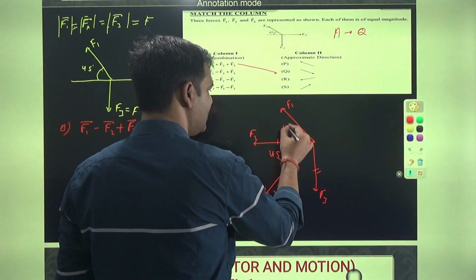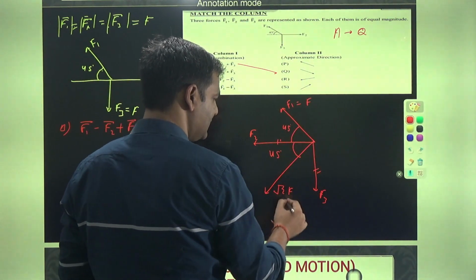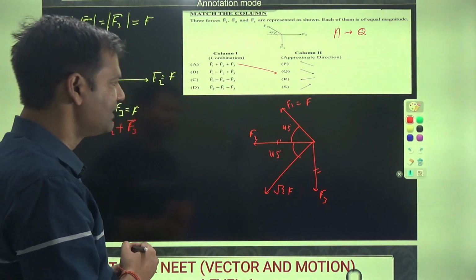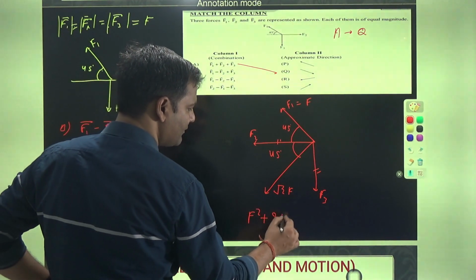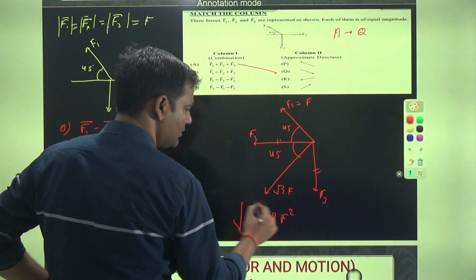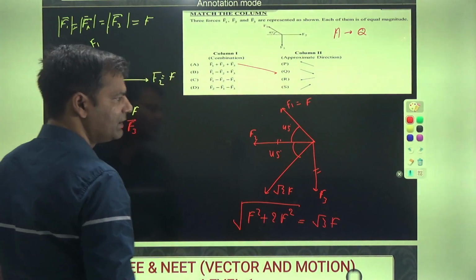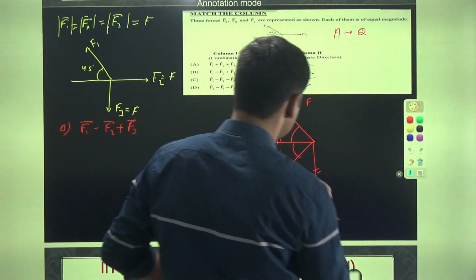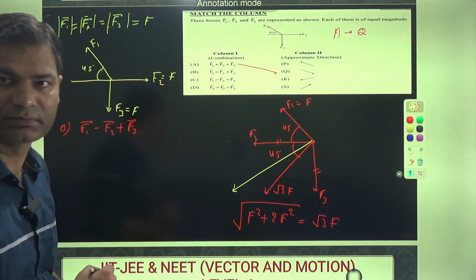And this one is also already given as 45. This is F in magnitude, and that is root 2 F. So the resultant of these is root 3 F, going in this direction.